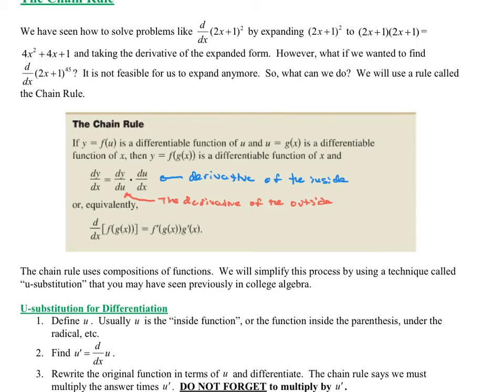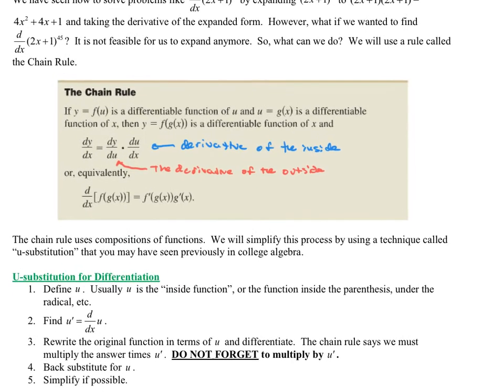But that's inherently what we're doing here: we're finding the derivative of the outside of the function, and then multiplying it times the derivative of the inside of the function. You can see that with the composition of functions. You could call g of x the inside of the function, f of x the outside. Notice you do f prime, the derivative of the outside function, keep the inside function exactly the same, and then multiply it times the derivative of the inside function.